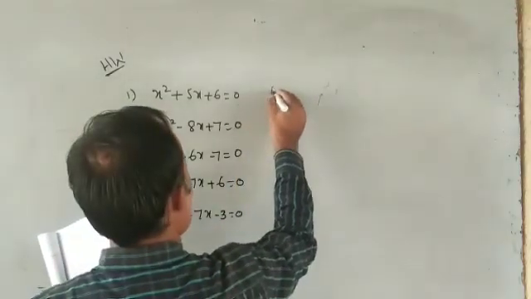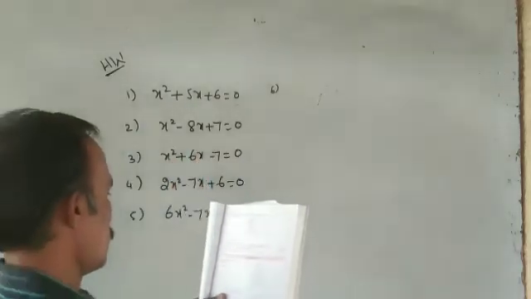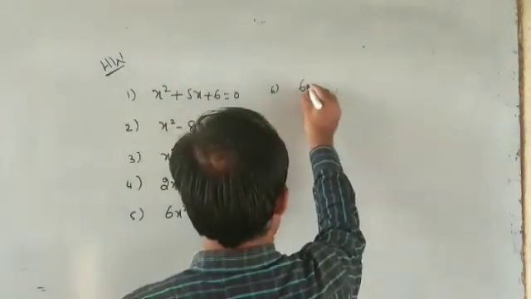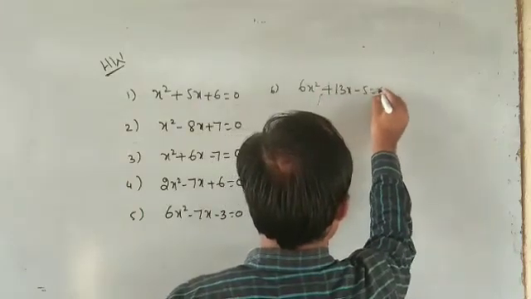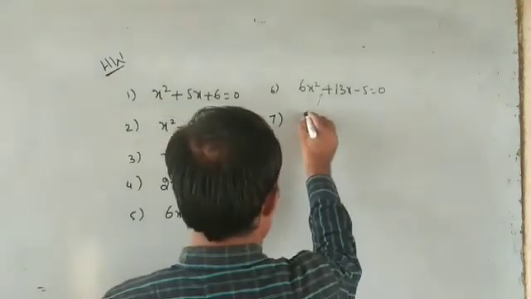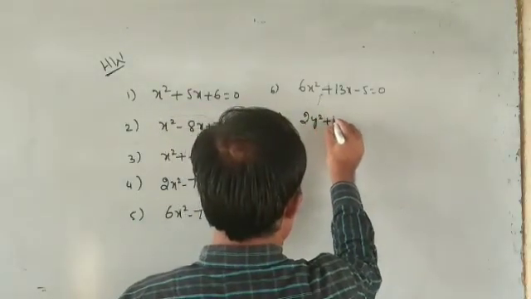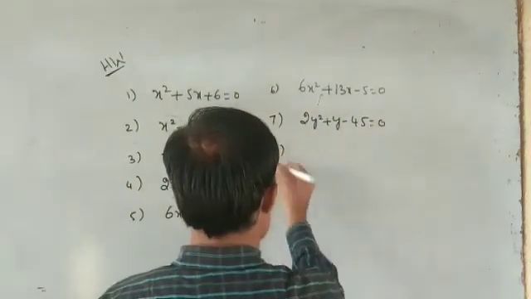So here are some questions. It's not compulsory, but at least per day try to find the solutions for 3 to 4 questions. Please note down the questions. Question number 6: 6x square plus 13x minus 5 is equal to 0. Question number 7: 2y square plus y minus 45 is equal to 0.